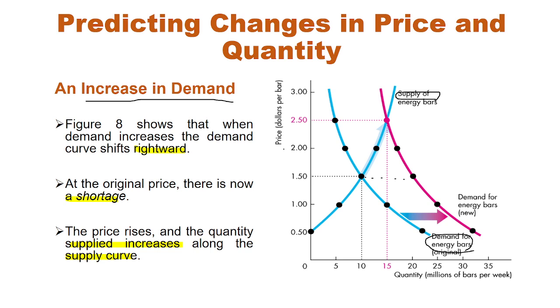So this shortage forces the equilibrium price up, to $2.50, the new equilibrium price, where the new demand curve meets the original supply curve.